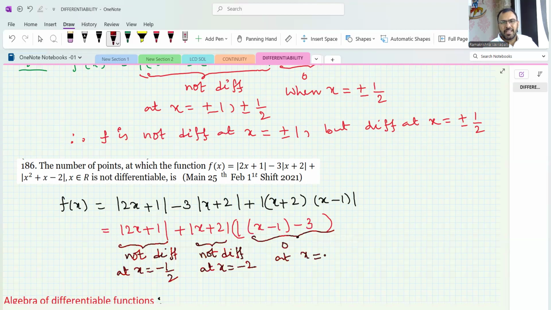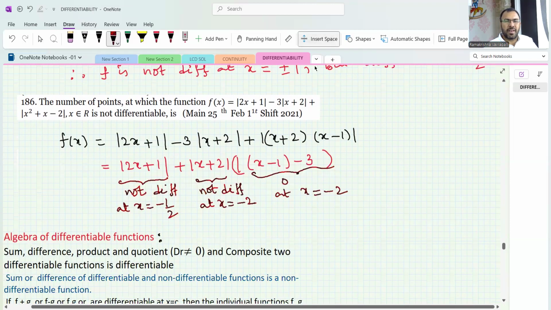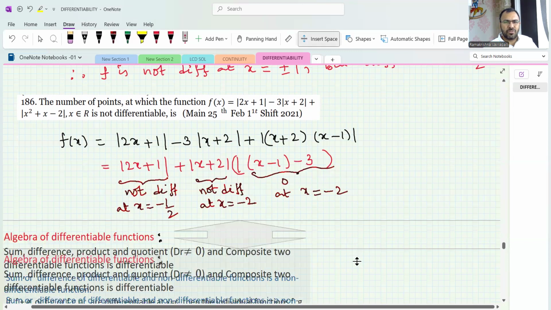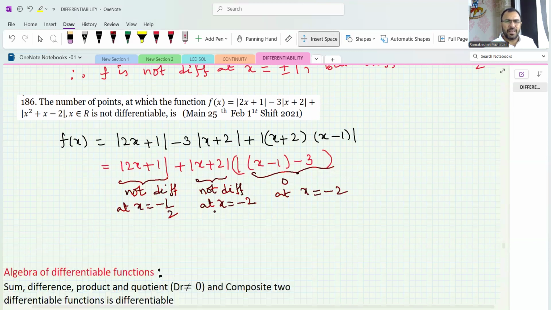See that it is becoming 0, so that the entire product becomes a differentiable function at x equal to minus 2.